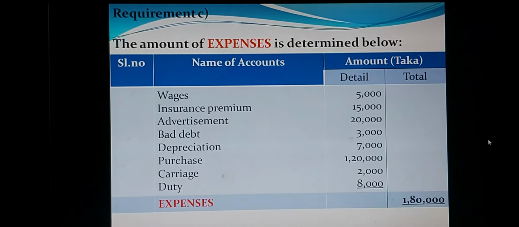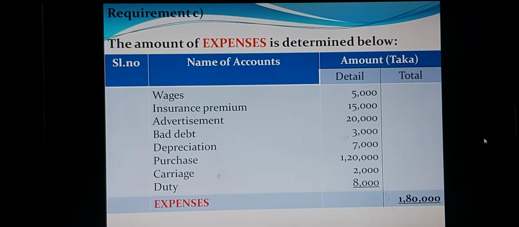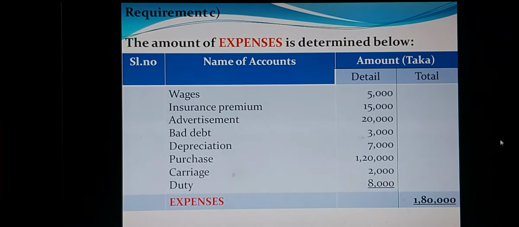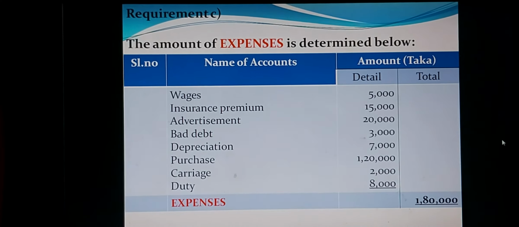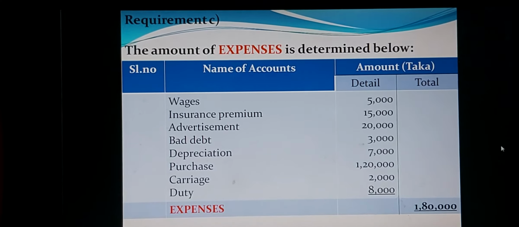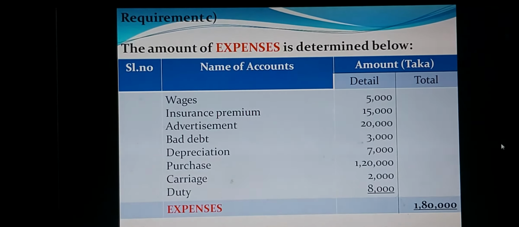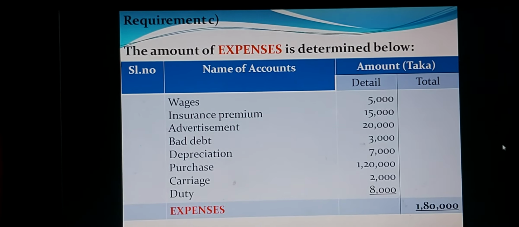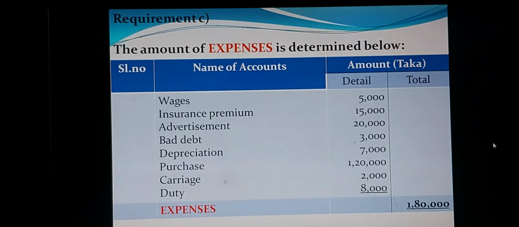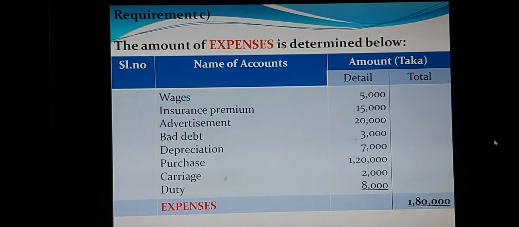This is one kind of expenses. Bad debt or uncollectible debt, which is irrecoverable from customer, that is one kind of loss, that is expenses. So bad debt of 3,000 is included in expenses amount. Depreciation is the deducting or reducing amount of any fixed asset, so it is also one kind of loss, that is expenses.